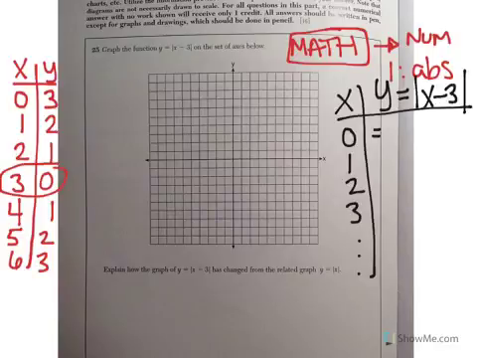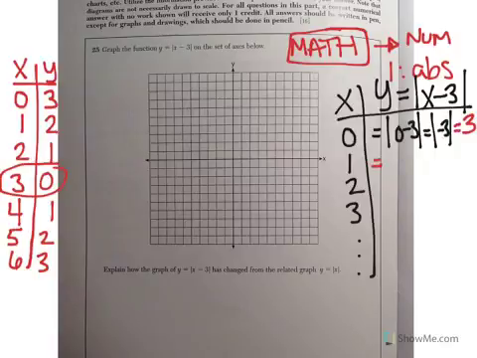So if I say absolute value of 0 minus 3, I'll end up with absolute value of negative 3. But if you recall, the absolute value symbol turns anything inside of it positive. So if it is positive, it stays positive, and if it's negative, it turns into a positive. So that becomes positive 3.